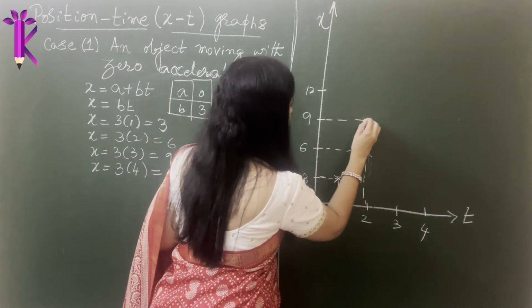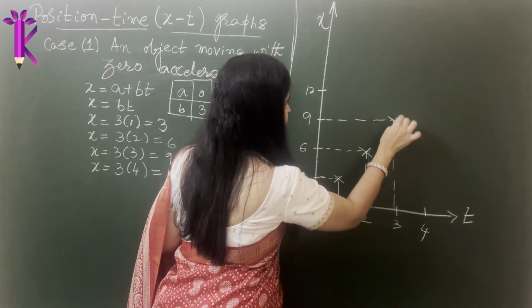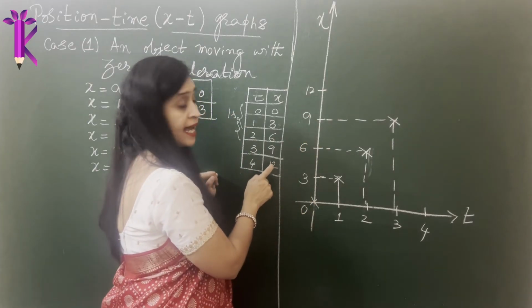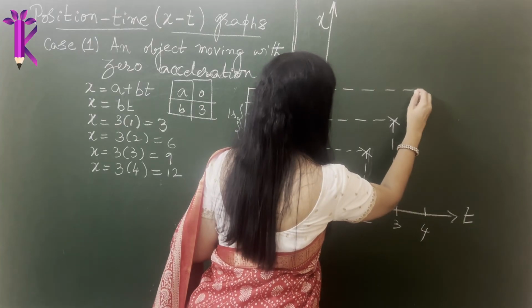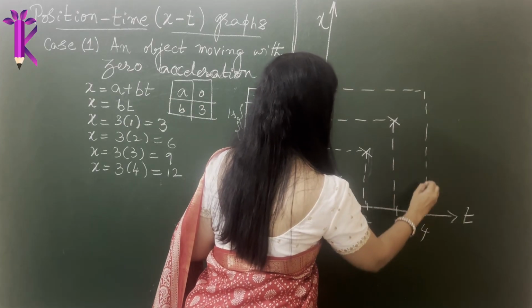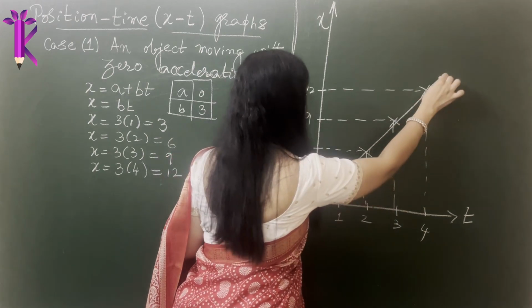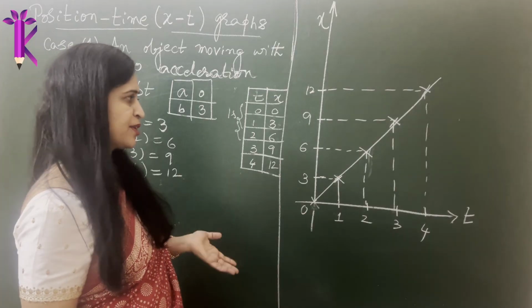So, it's going to be a straight line because there is no change. When t is 4, it is going to be 12 as shown here. Right? So it is a straight line, assuming that it started from 0. Okay. So this is how it is going to look.